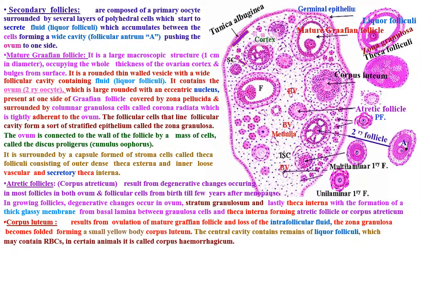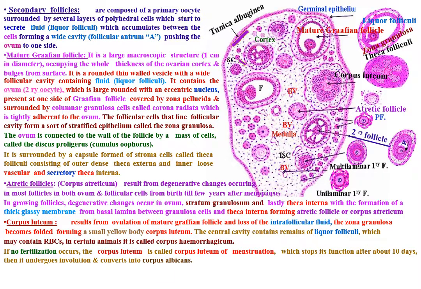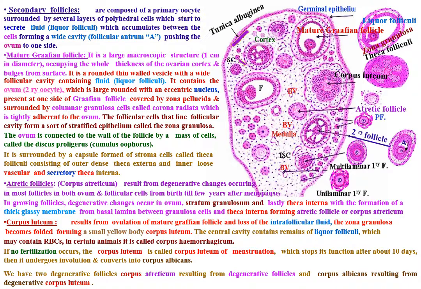In certain animals it is called corpus hemorrhagicum. If no fertilization occurs, corpus luteum degenerates to corpus albicans or fibrous body. Thus, we have two different types of degenerative corpora: corpus atreticum resulting from degenerated follicles, and corpus albicans resulting from degenerated corpus luteum.